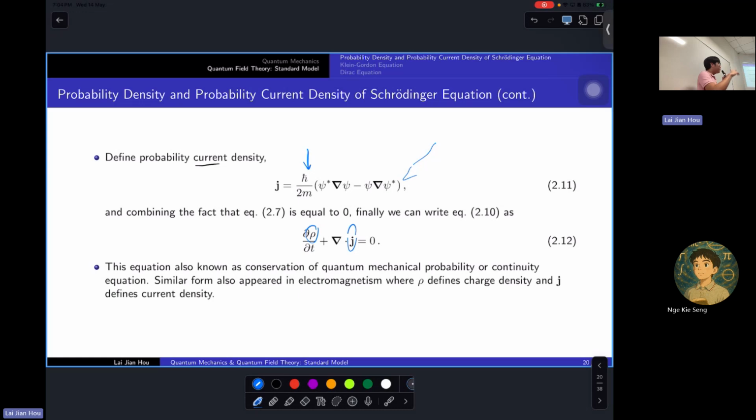One is talking about the wave function, one is talking about the current part. The electron is expressed in the wave function.